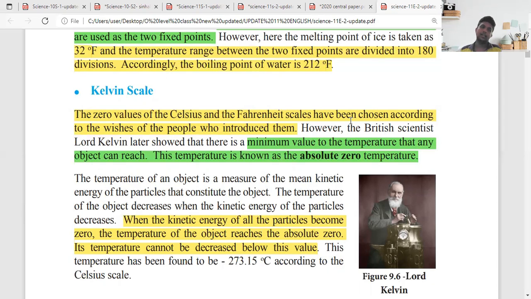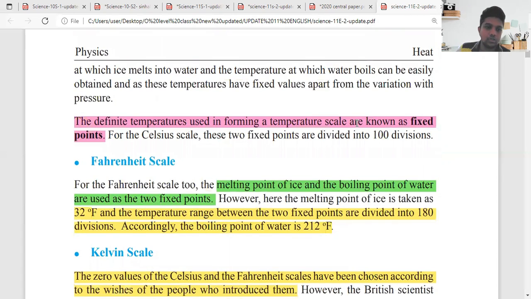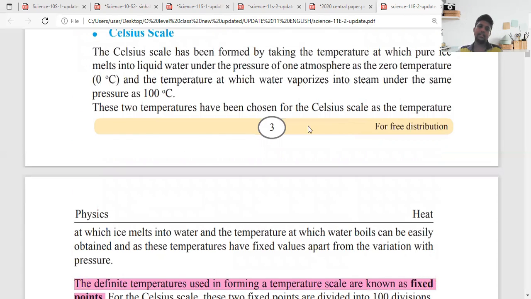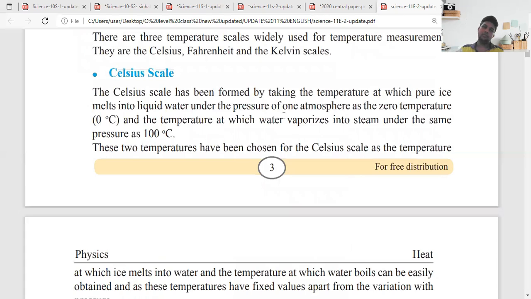So here the thing that I want to do is just to give a little explanation of all three scales. When we come to the Celsius, when ice melts to water, it is 0. When water starts to vaporize, it is 100.